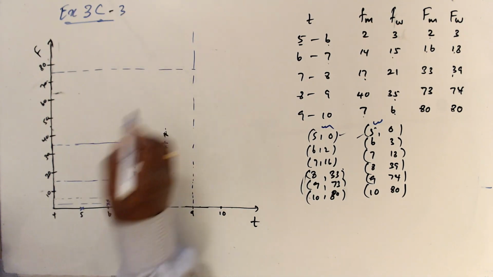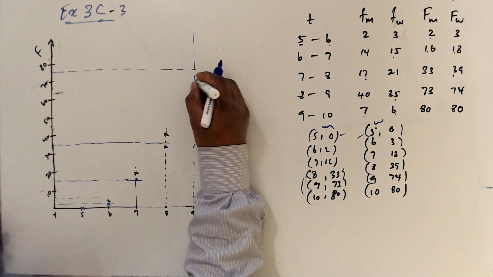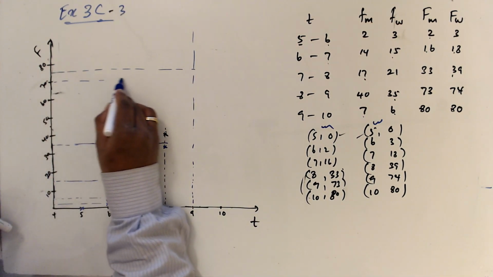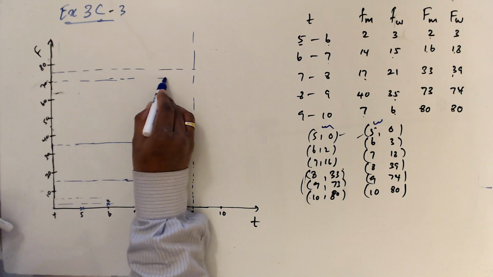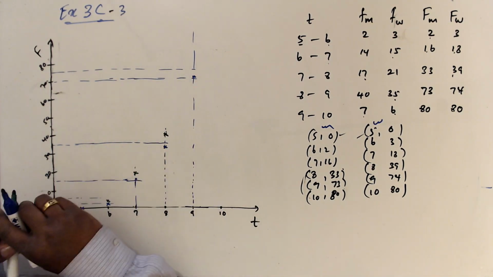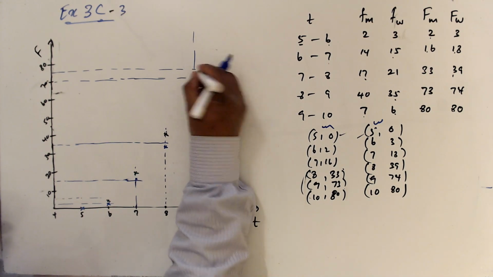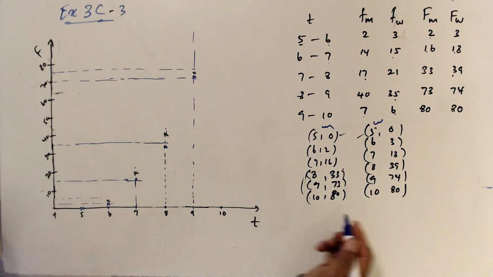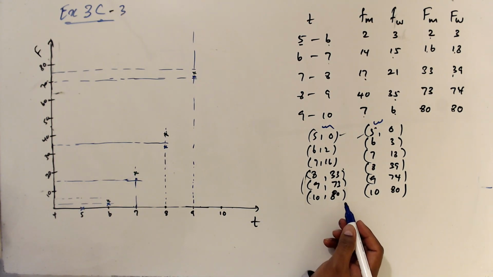This is the 75 line. So 73. This is 79. This is 73 and 74. And then 10, 80 and 80.